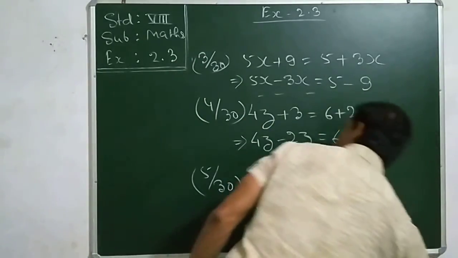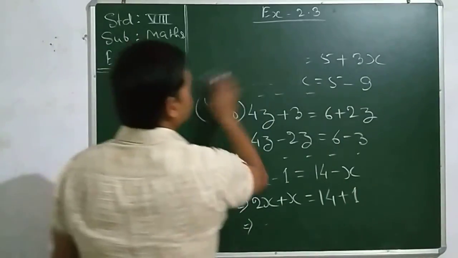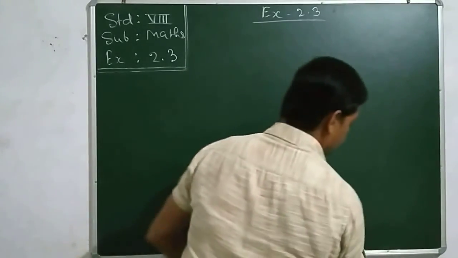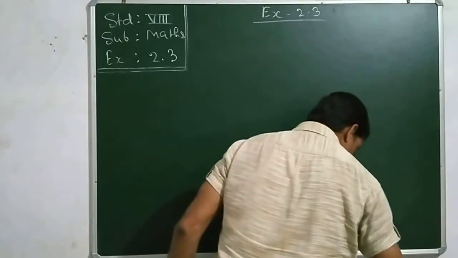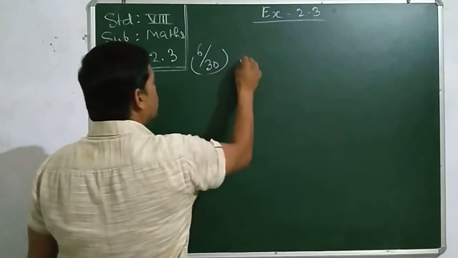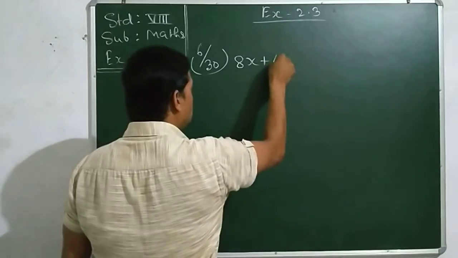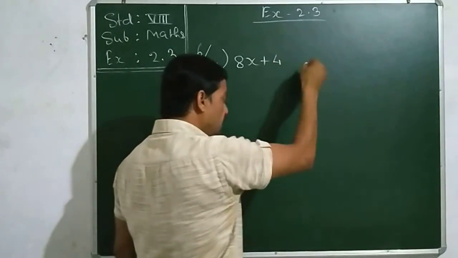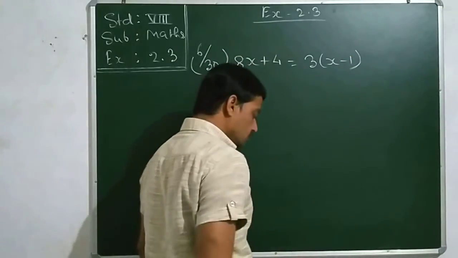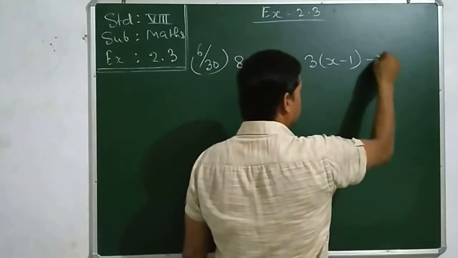Come to the number 6 sum. It is 8x plus 4 equal to 3 into x minus 1 plus 7.